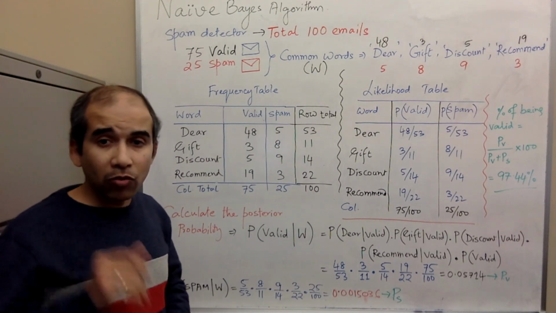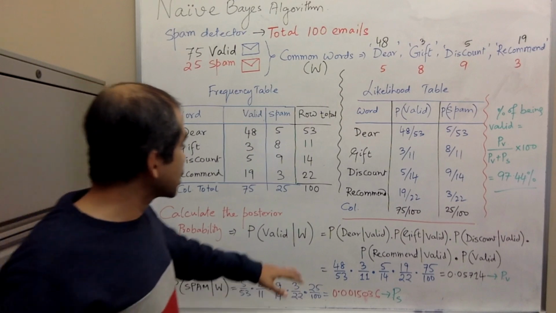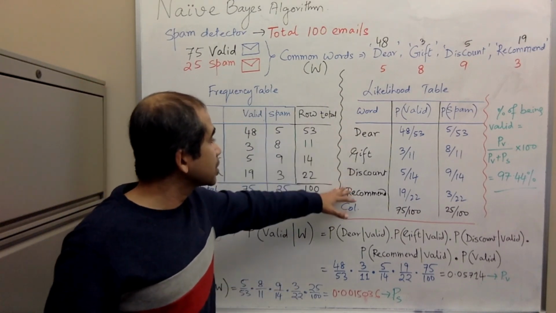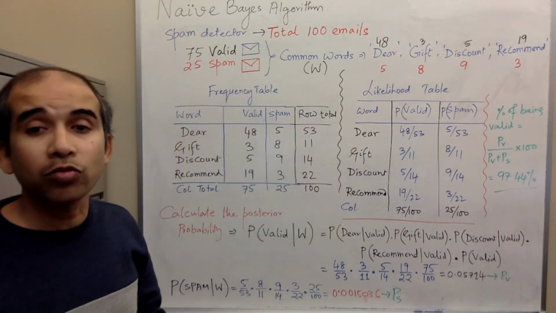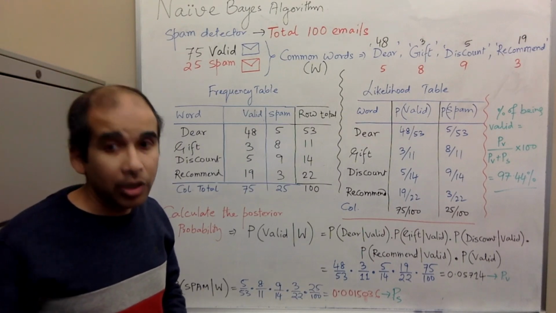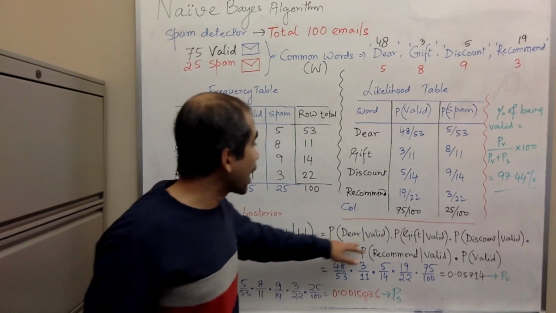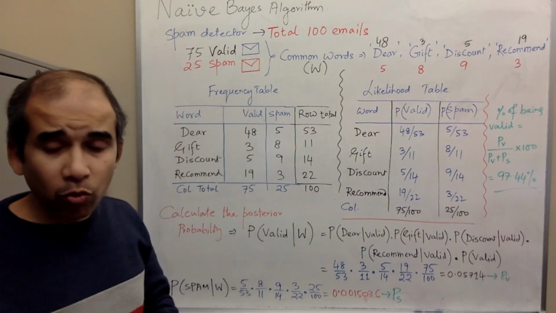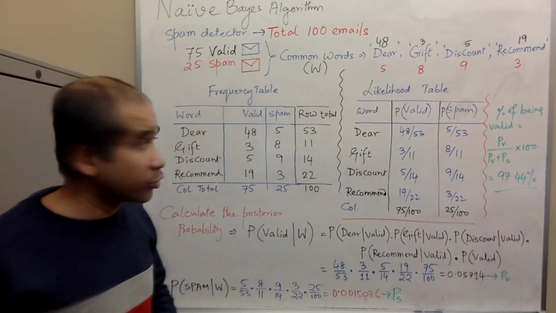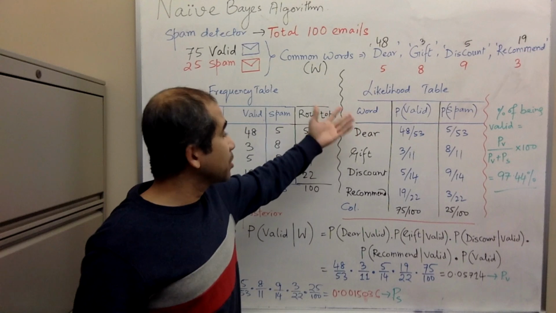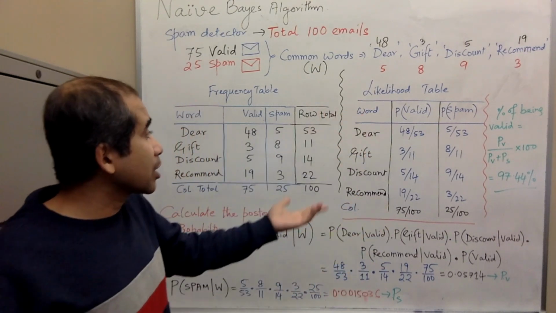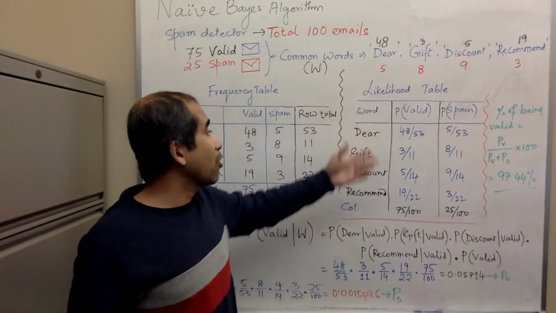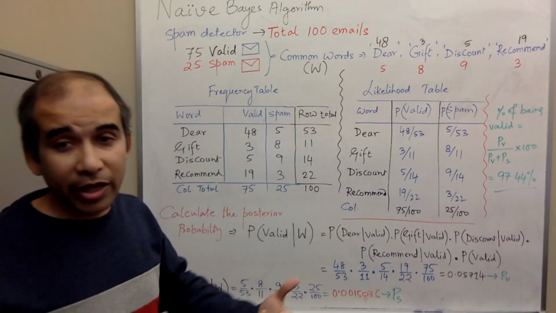So see, one thing I want to tell, that here the assumption is that the appearance of all these words are independent of each other, and that's why we can multiply them. But this is not necessarily true. Okay, so a message can be like, let's say, dear customer, if you recommend our product you get a discount or a gift, something like that.